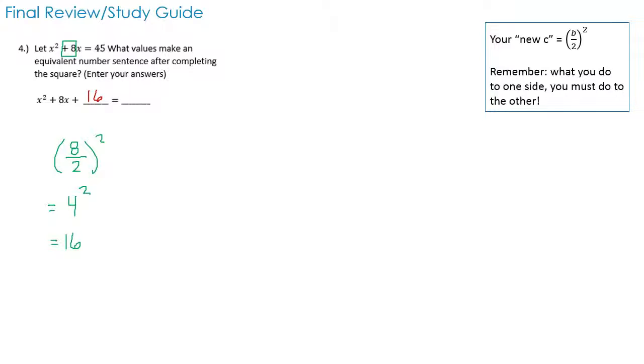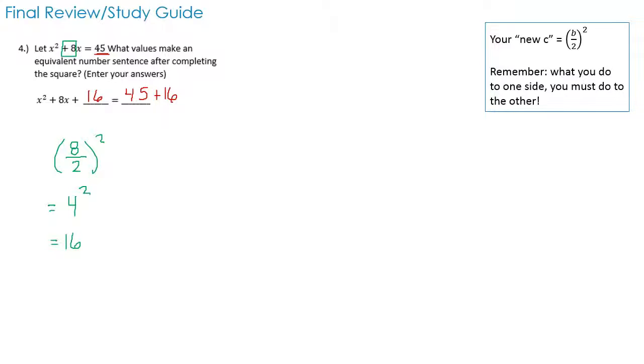Now on the other side of the equal sign, we're going to be adding in 16 there as well. However, we have to add it to the original constant that was on that side. So it's going to be 45 plus 16, and then we need to simplify that.